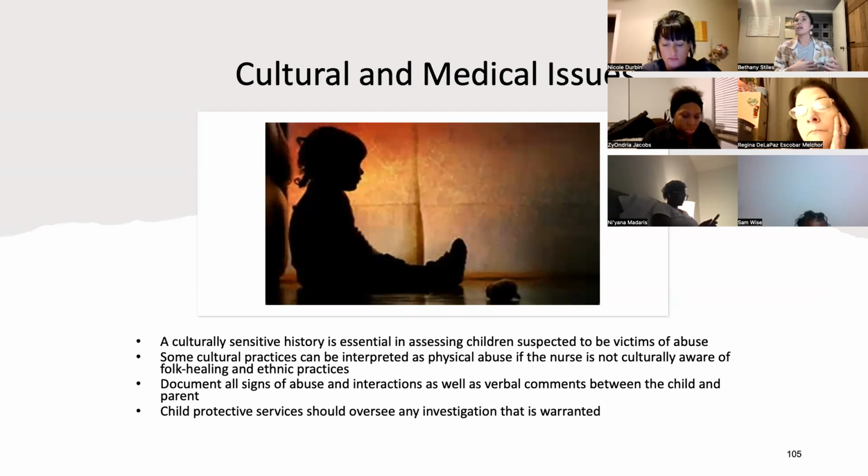It's just that form of treatment. So we need to make sure that we have all the facts before we jump to conclusions. We document all the signs that we see, as well as any interactions between the parent and child that raise any red flags. And then we allow Child Protective Services to take control and take the lead once we've reported our concerns.